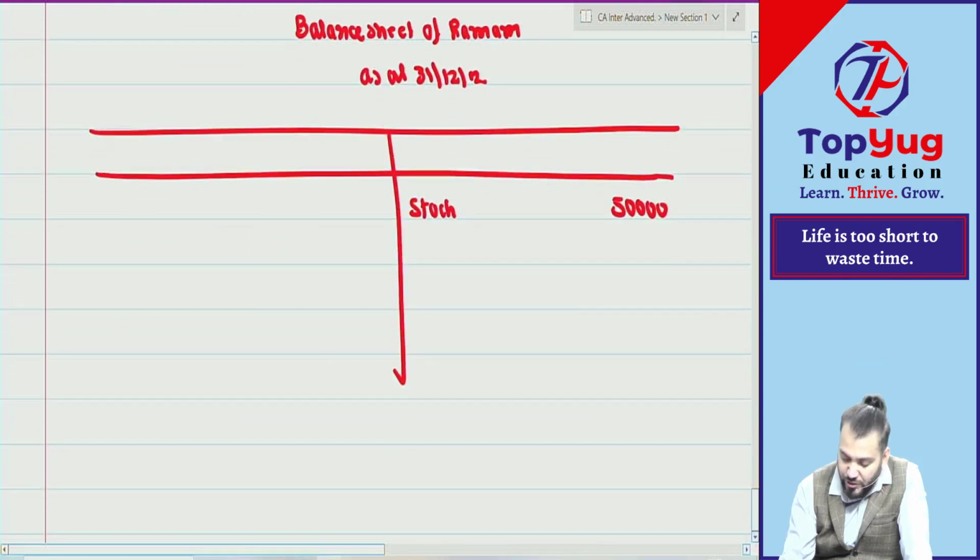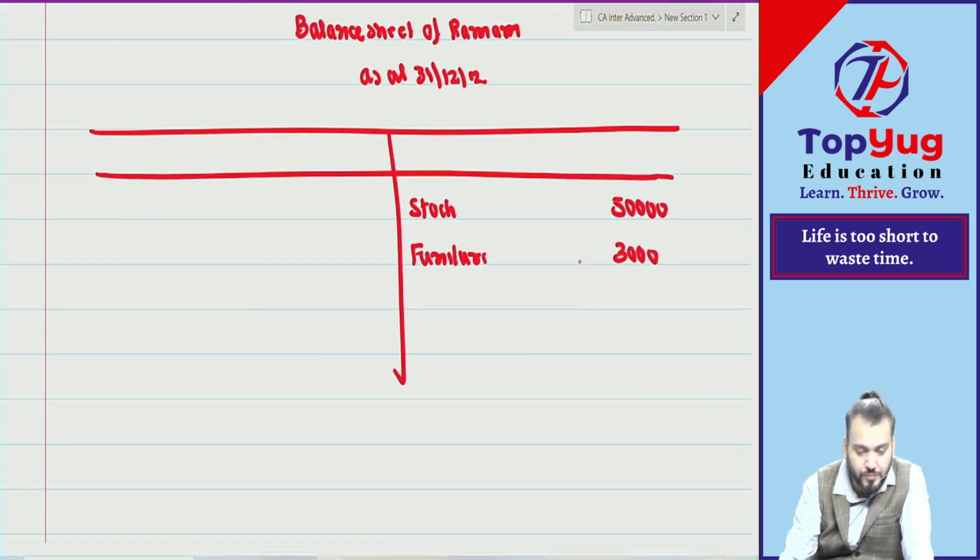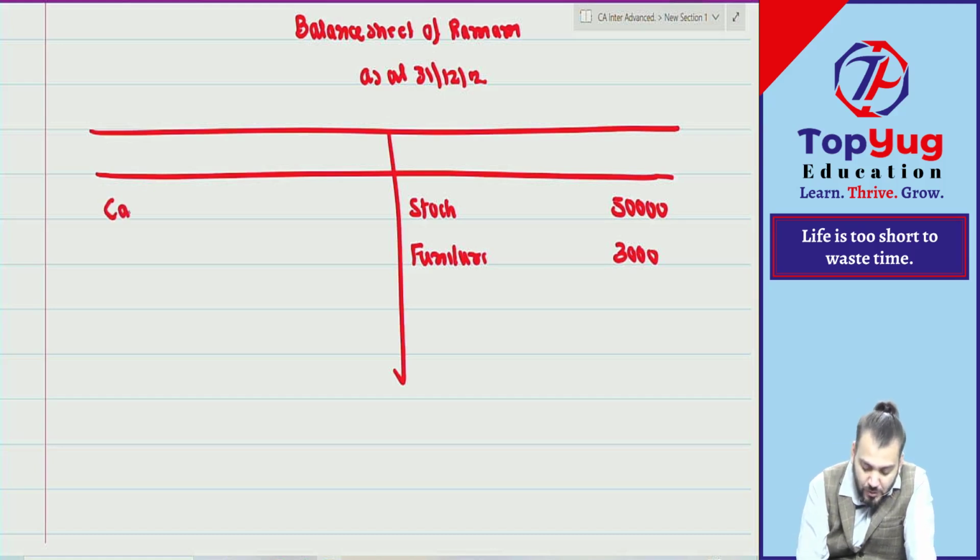How much furniture? Furniture will come, 3,000. How much investment? Nil. Not taken over, we already crossed it. Then why are you saying? How much insurance policy? How much business purchase? How much bank loan? How much capital? So how much capital was given by Raman? How much is the opening balance?